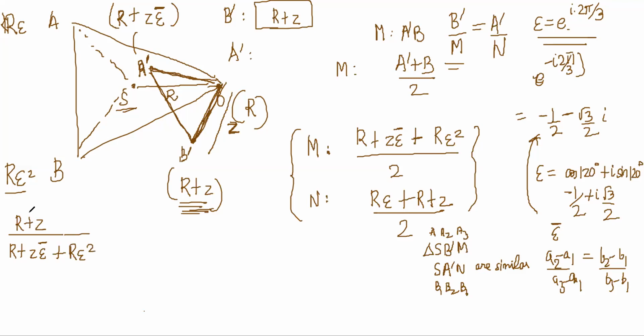So 2 goes on top, and this is the same as A dash by N. A dash is R plus Z epsilon conjugate by N. N is R plus R epsilon plus Z by 2. So 2 gets cancelled. I have to just prove this much.